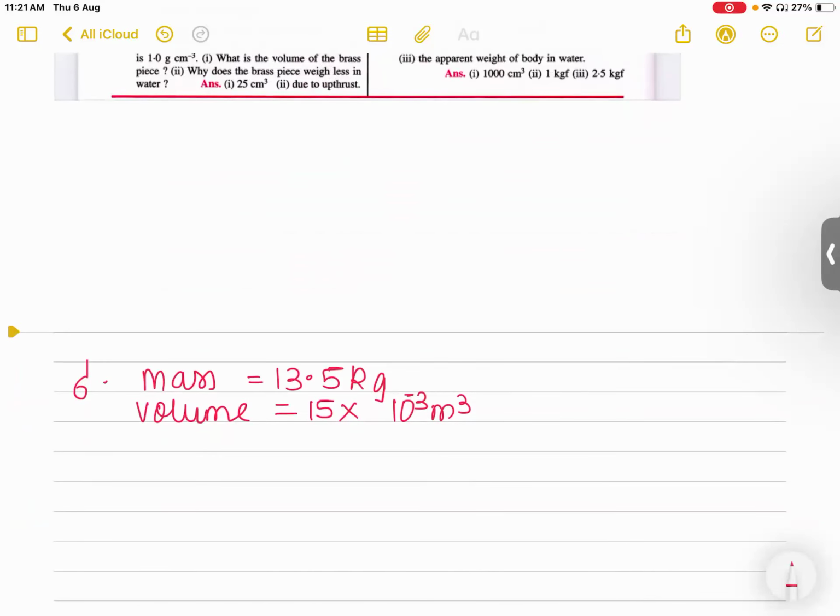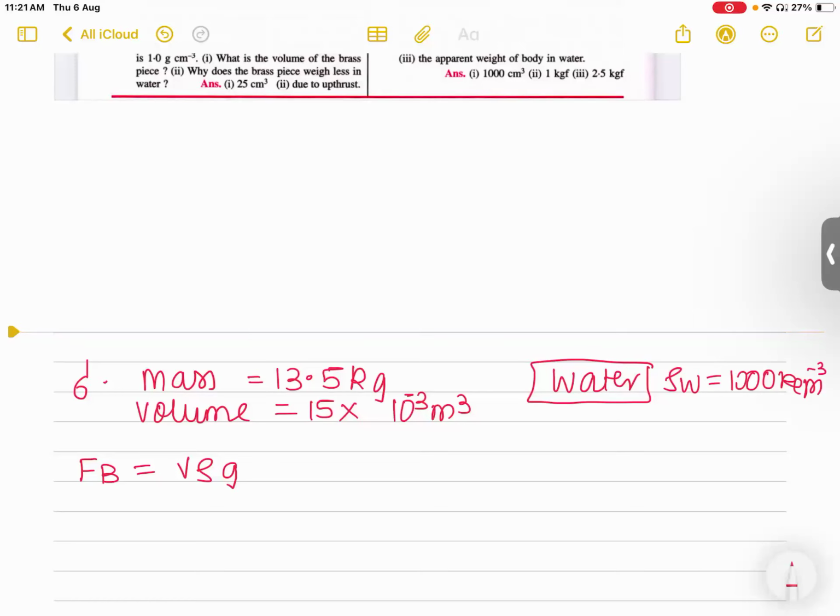We need to calculate FB. I think this is simple, guys. We know the formula: FB is equal to V into rho into G. Since they have said that it is dipped inside the water, and the density of water is not given, you have to make an assumption. Since your mass is in kg, you will take the density of water as 1000 kg per meter cube.